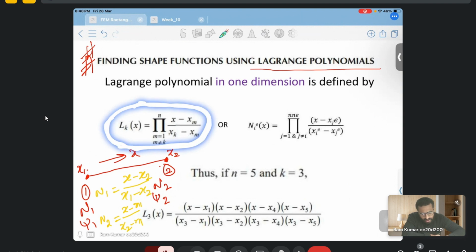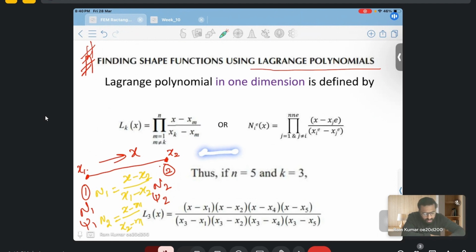Now we may have more than 2 nodes. In this case we have only 2 nodes, but we can have more, like node 1, node 2, node 3. By using this summation, we can find the shape function for the other nodes.